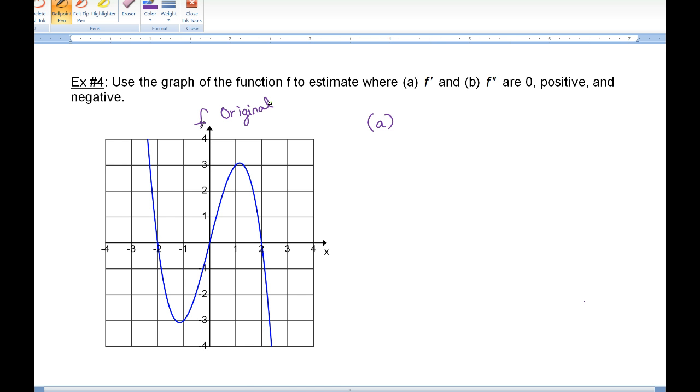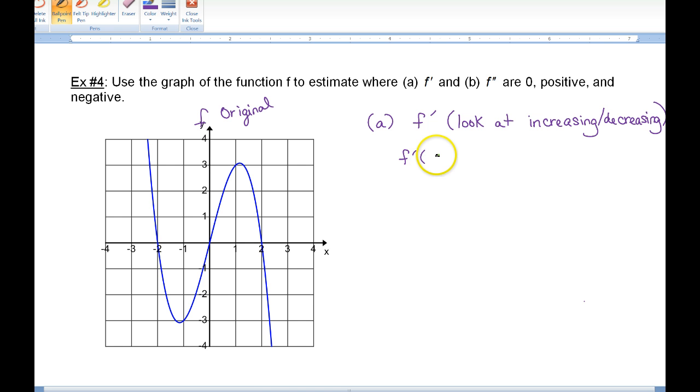So in this case, I'm looking at f prime. Now for f prime, we're looking at increasing, decreasing. Or you can look at slope. Remember, the derivative is the slope of the tangent. Again, we're just going to approximate here.